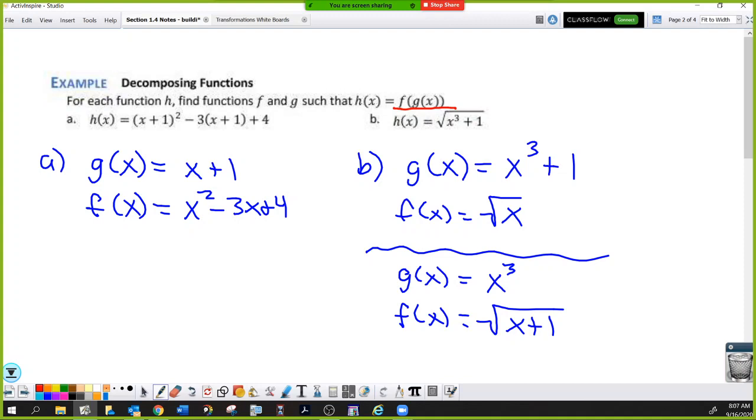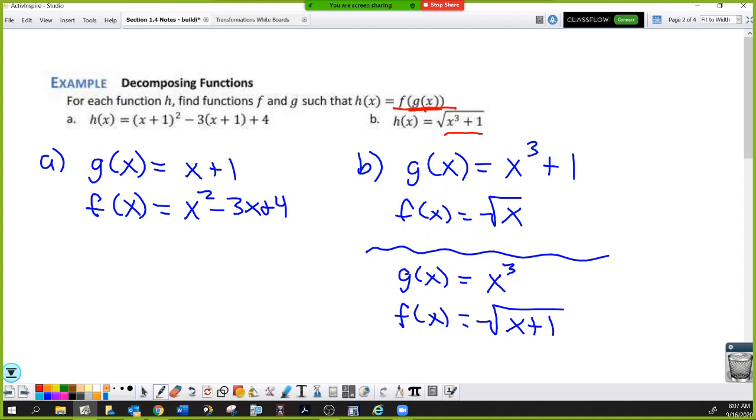But this notation says you're plugging g into f. So if it said g of f of x, the answers would have been switched. That's why I prefer that notation, because it really tells you which one's getting plugged in. Imagine the inside of these parentheses is the inside of this structure. Inside is inside.